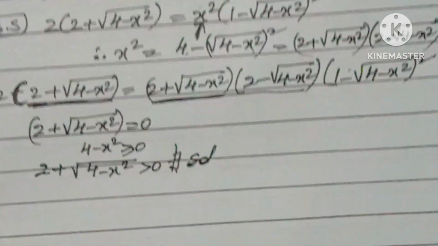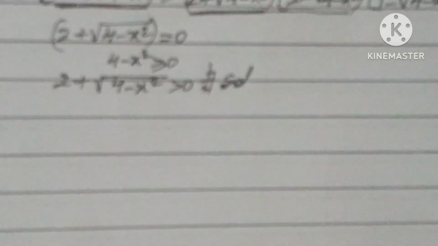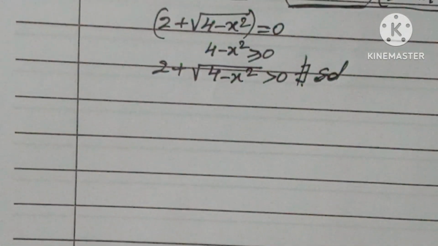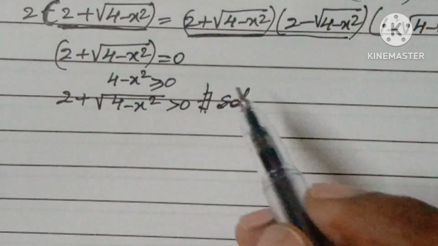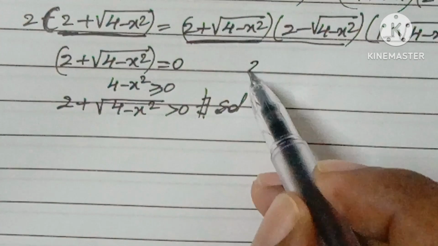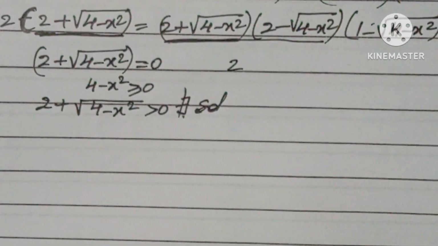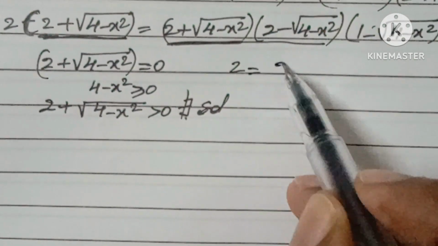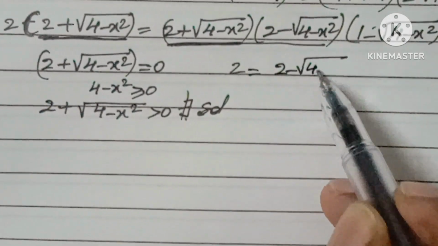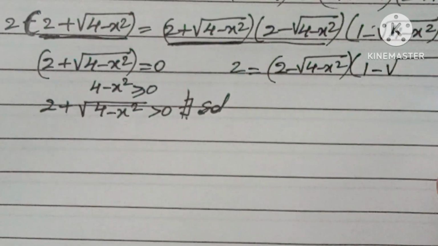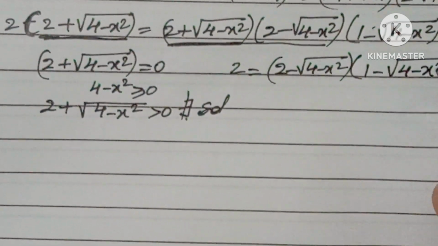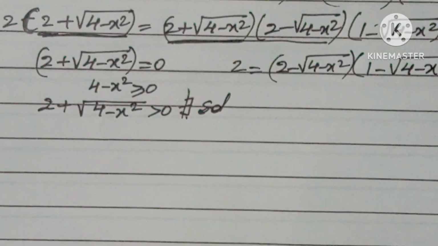Now we'll go to the second one. So what is left in the second one? 2 into 2 is equal to 2 minus root of 4 minus x square into 1 minus root of 4 minus x square whole square.